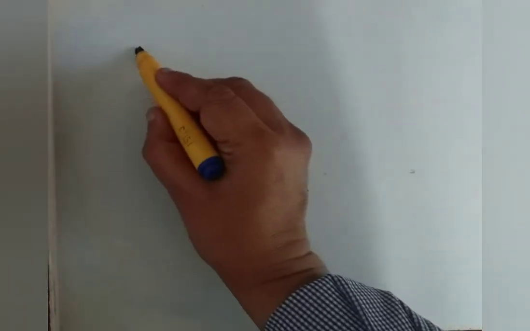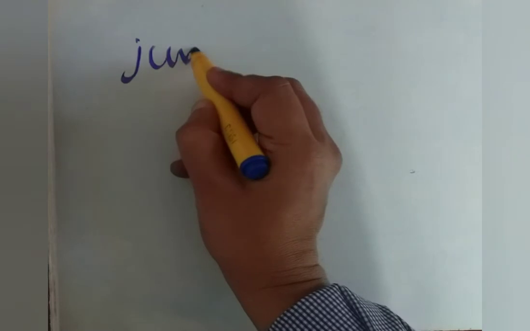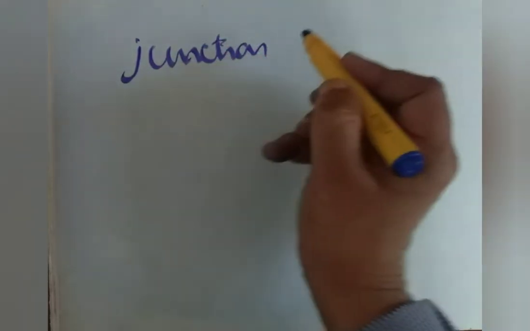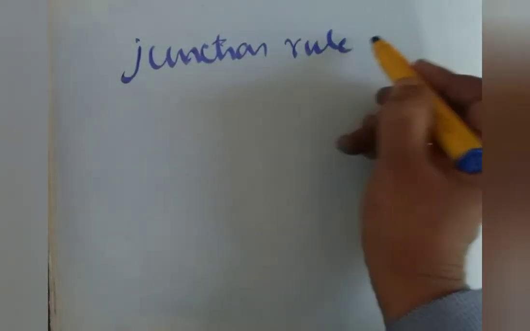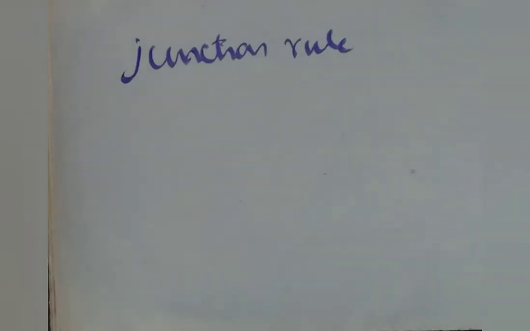First law, the junction rule. It tells us the sum of all currents entering a node is equal to the sum of all currents leaving the node. But it's not independently a law. It is based on one of the fundamental laws. Can you guess?